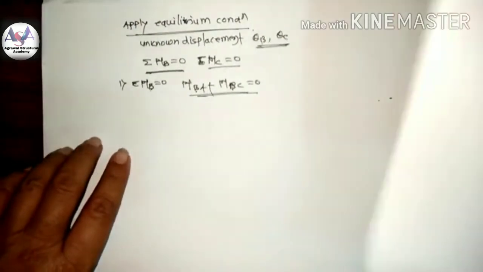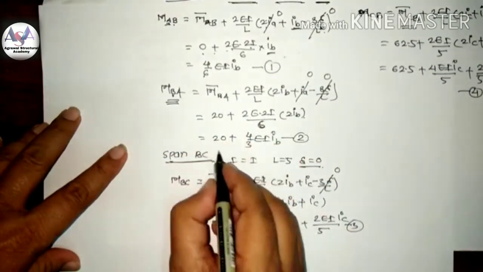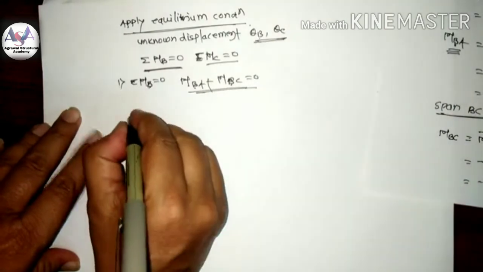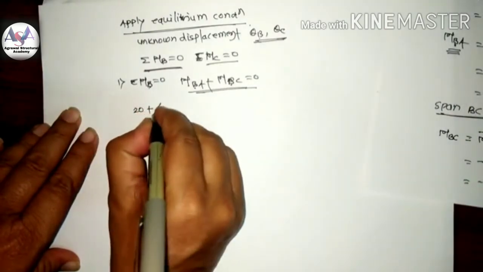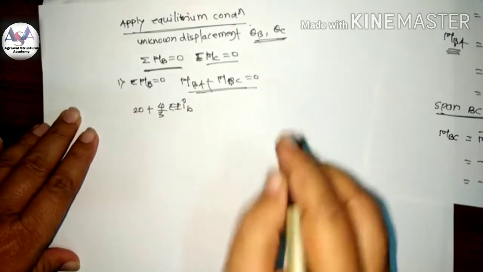So here we have the equations. BA, this is equation number 2: 20 plus 4 by 3 EIθB.